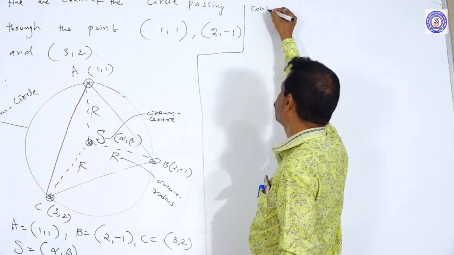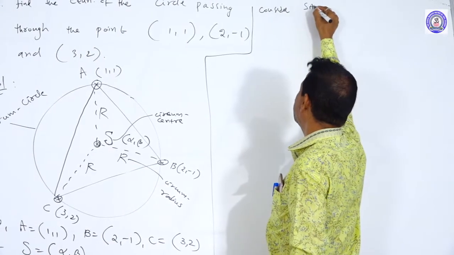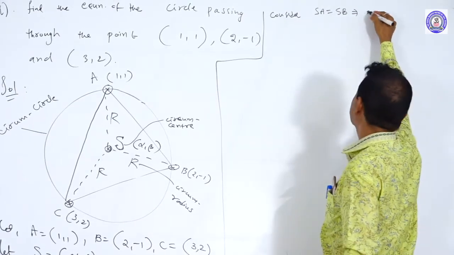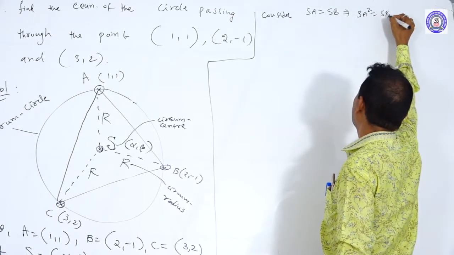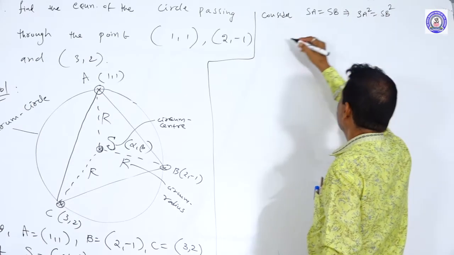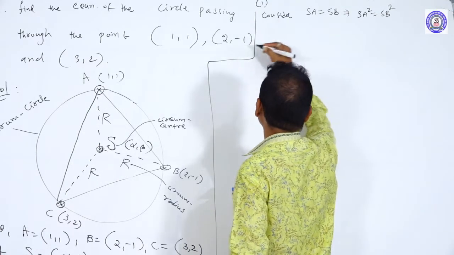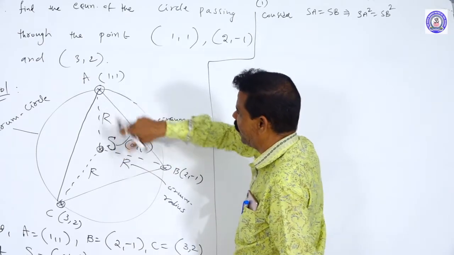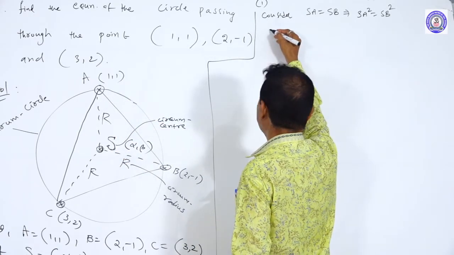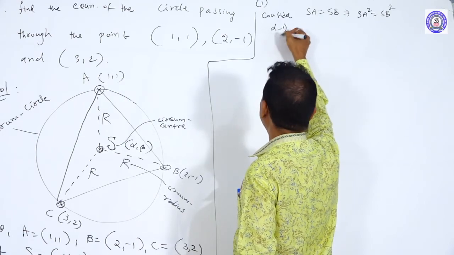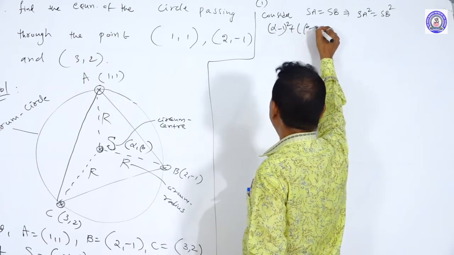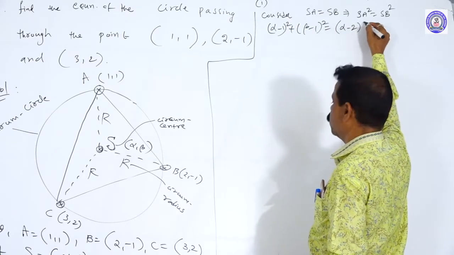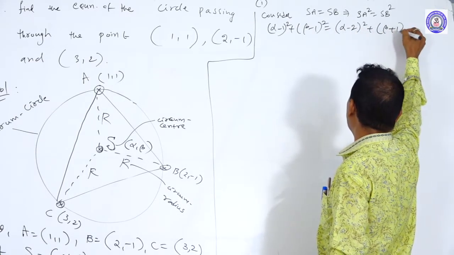Consider SA is equal to SB. From this, squaring on both sides, SA square is equal to SB square. Equation number 1. SA square, distance from S to A, is alpha minus 1 whole square plus beta minus 1 whole square. SB square is alpha minus 2 whole square plus beta plus 1 whole square.